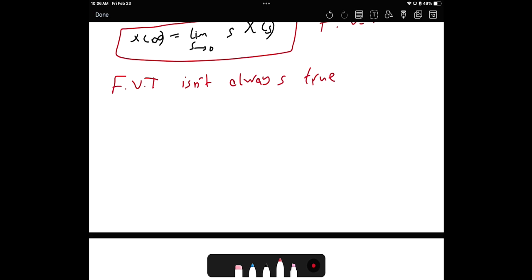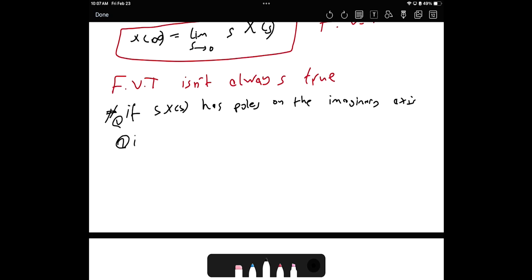Basically, we will say this: if s times x of s has poles on the imaginary axis, that's one case.